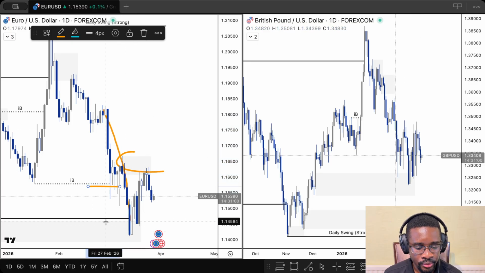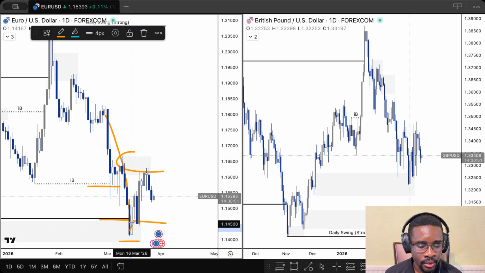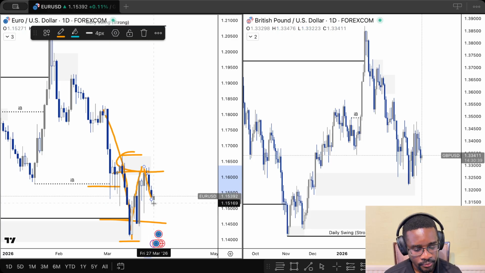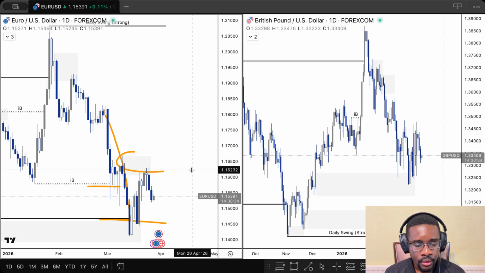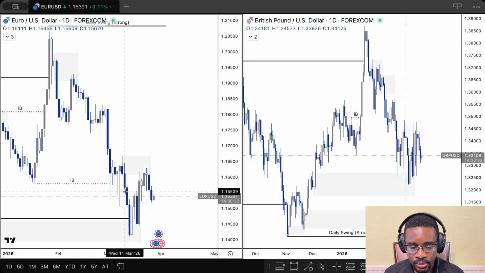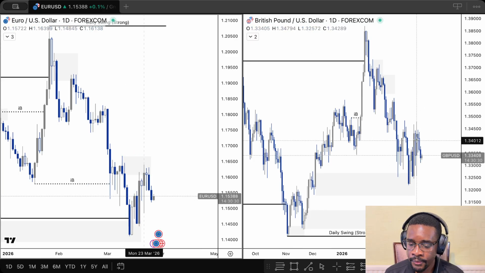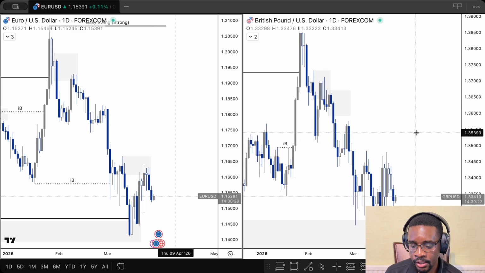We've broken structure, both internal and swing, and then mitigated this demand, and then price has been reacting, coming back into this supply, which was the decision out that led to the break of this swing structure. And since then we've been reacting bearish, albeit slowly. So that's that for the Euro USD, and then we'll jump into the details on the lower time frames.